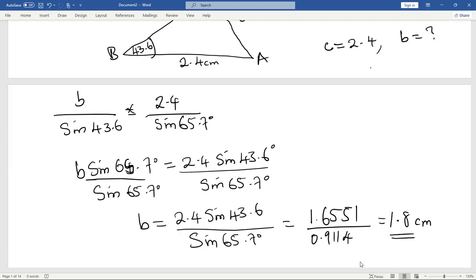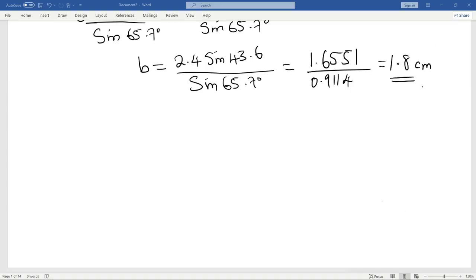Okay, let's look at one more example on the same sine rule here. So we have example number 2.